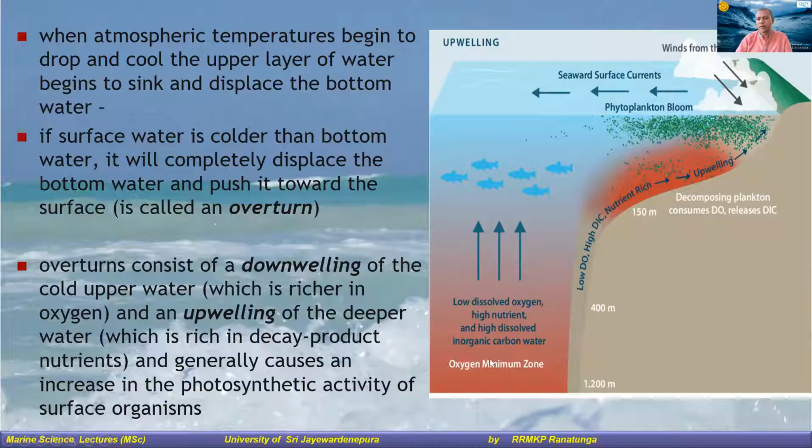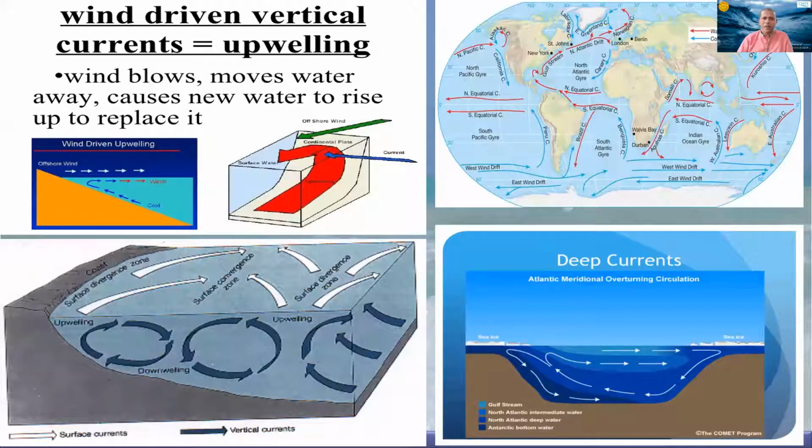These cycles are very important, and will bring nutrients back to the surface, bloom the phytoplankton, increasing the productivity. So these upwelling processes are again very important for the marine environment.